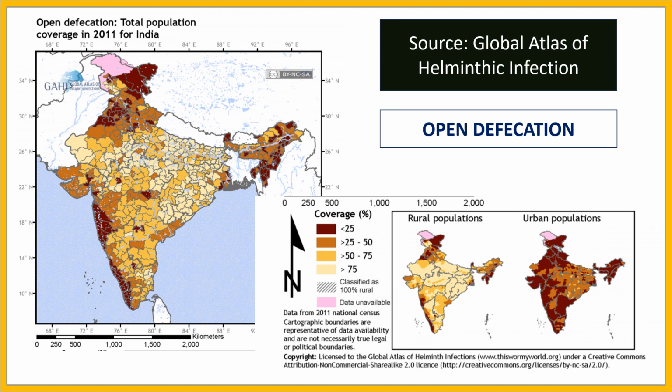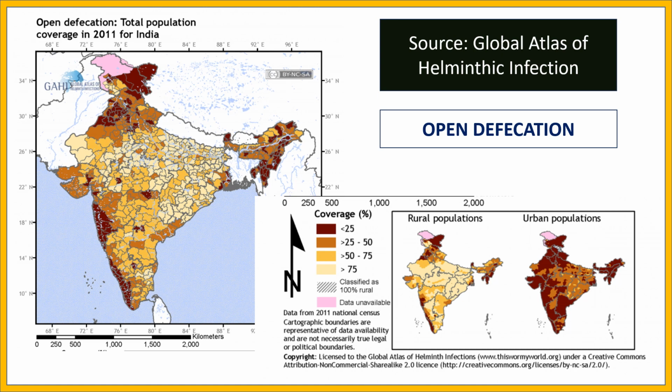And you can see most of the places in India are between 50 to 75%. So you can see the open defecation system, which might be a reason for unhygienic conditions.